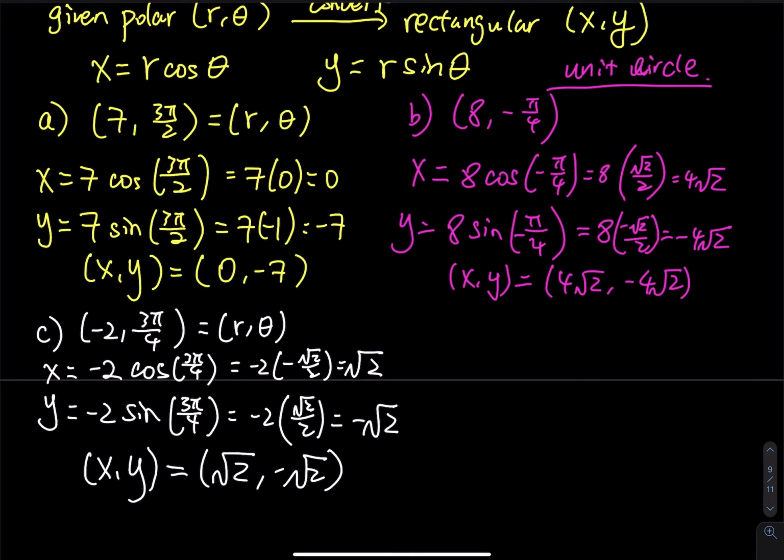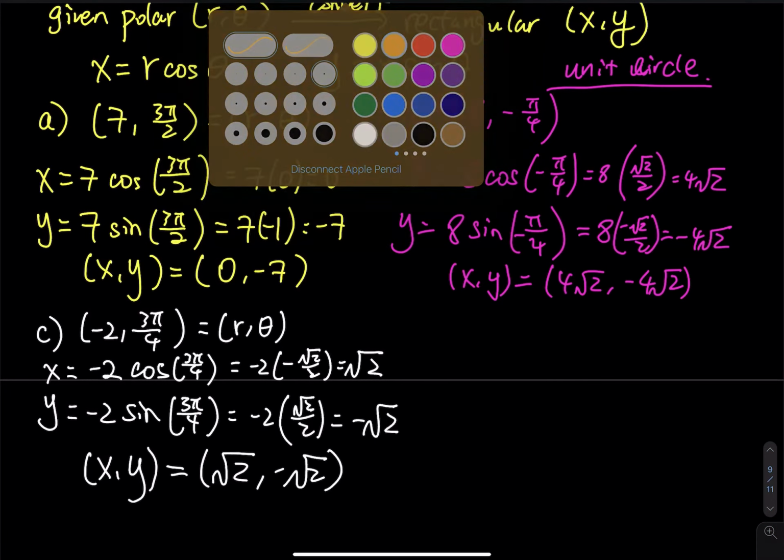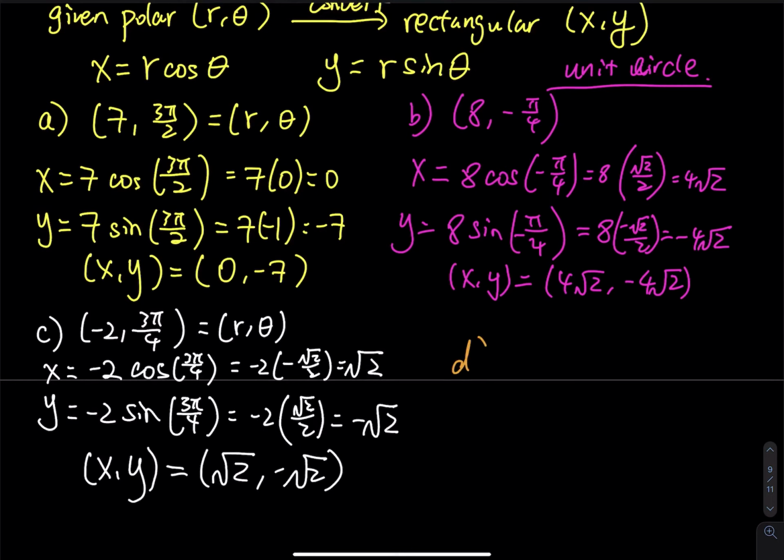And then the last one, d, we have negative 4, comma, negative pi over 6. So negative 4 is r, negative pi over 6 is theta, so x is equal to r times cosine of theta.